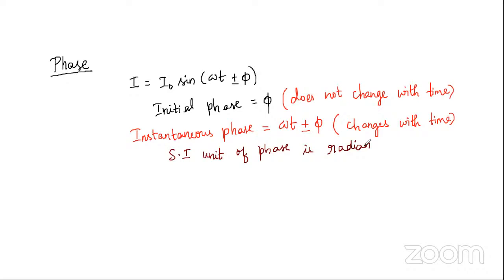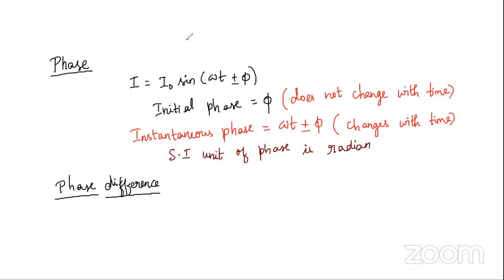So this is the concept of phase, and now I will tell you what is the meaning of this phase difference. What is the meaning of phase difference? So that I will be discussing with you.